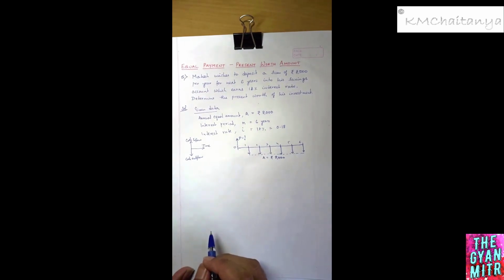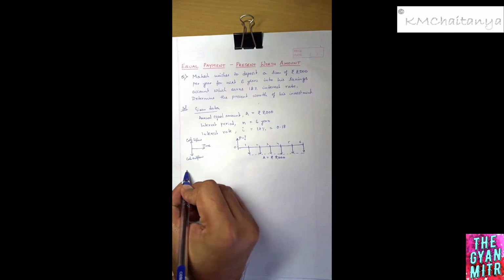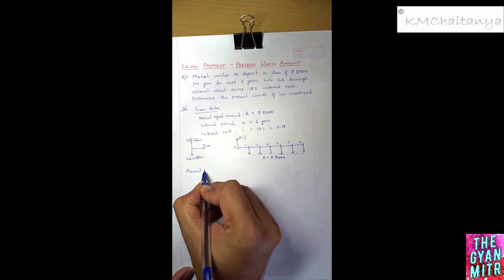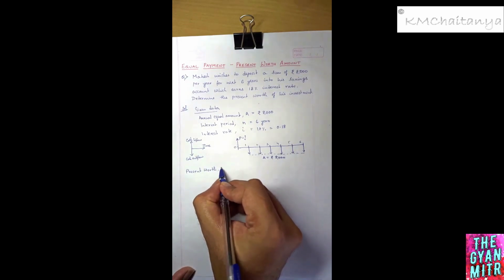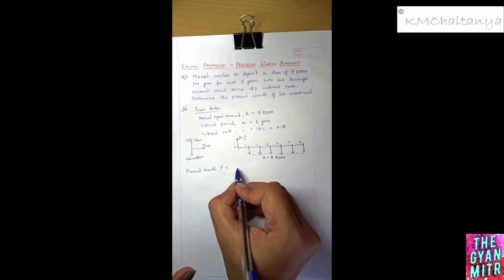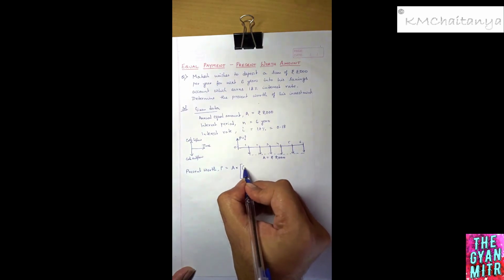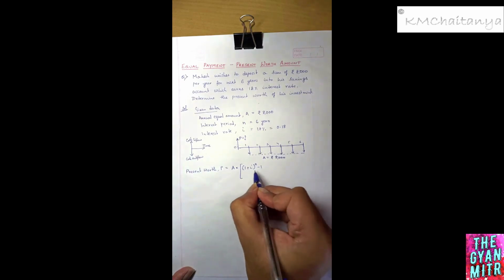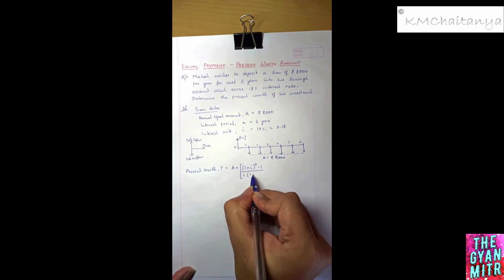So we'll look into the equation. Present worth or present value, which is denoted as P, is equal to annuity multiplied by (1 plus I to the power of n minus 1) divided by (I into (1 plus I) to the power of n).